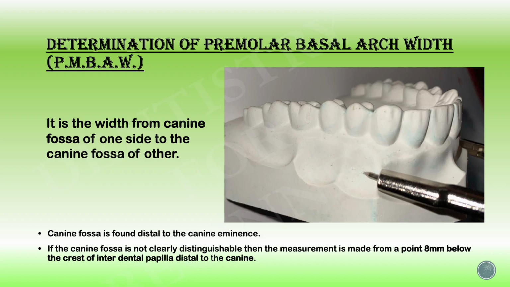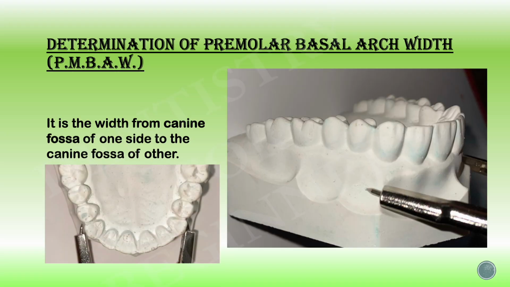As we can see here, distal to the canine, we have drawn a line. On this line, from that interdental papilla region, we will mark a point 8 mm below. This is how we will mark on both sides and then measure. So this will give us the premolar basal arch width.